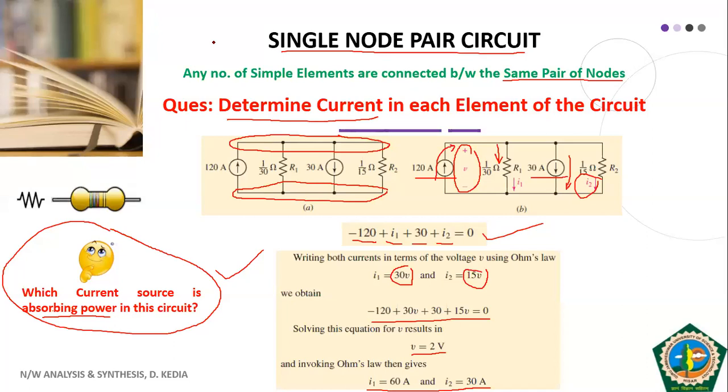Arpit, unmute yourself. Arpit, unmute yourself. Hello, sir. Beta, can you tell me, what do you mean when we say that a power source is delivering power or absorbing power?